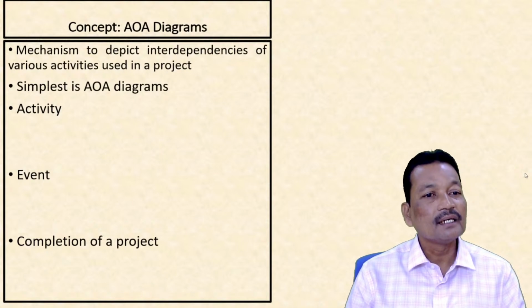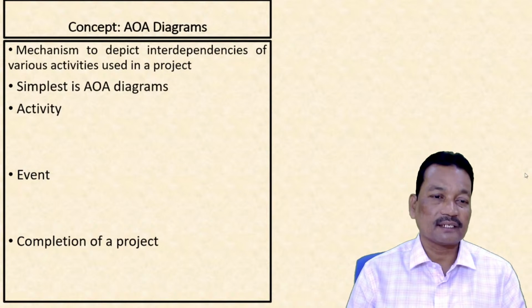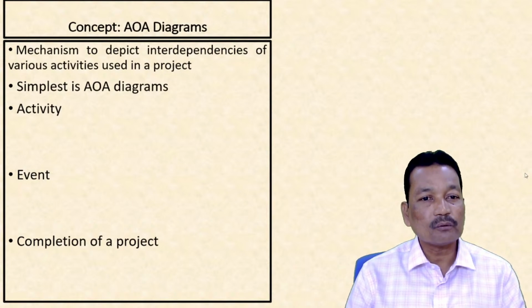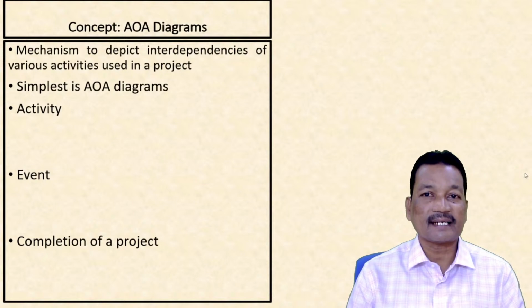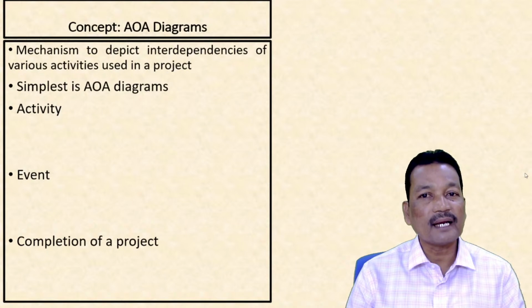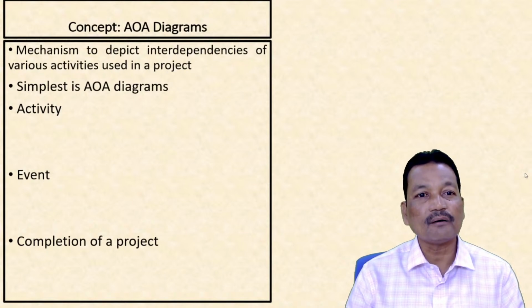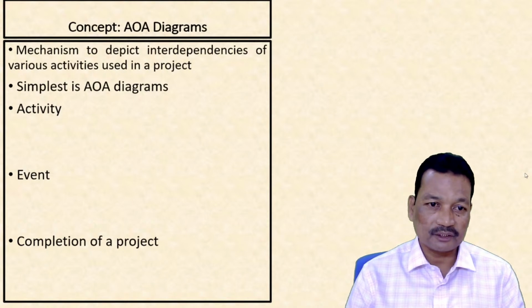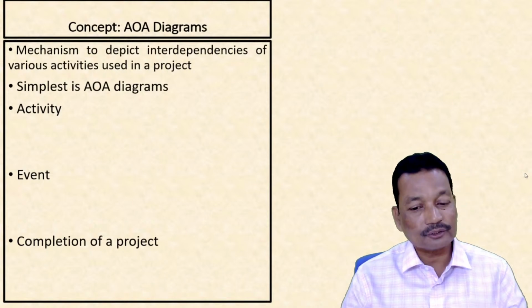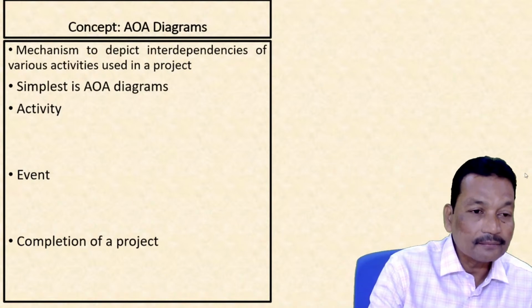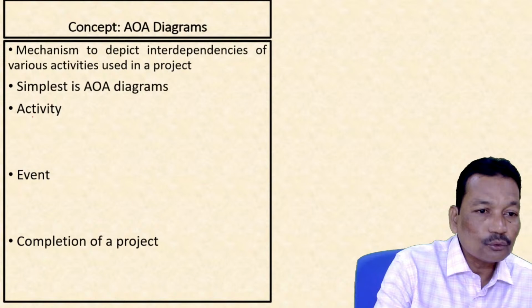So if we take any project, we can break it down into small work components called activities, and they will be shown as arrows because we are using the technique of AOA diagrams. Now, how can we show those arrows in the network diagram? Let me show you here.